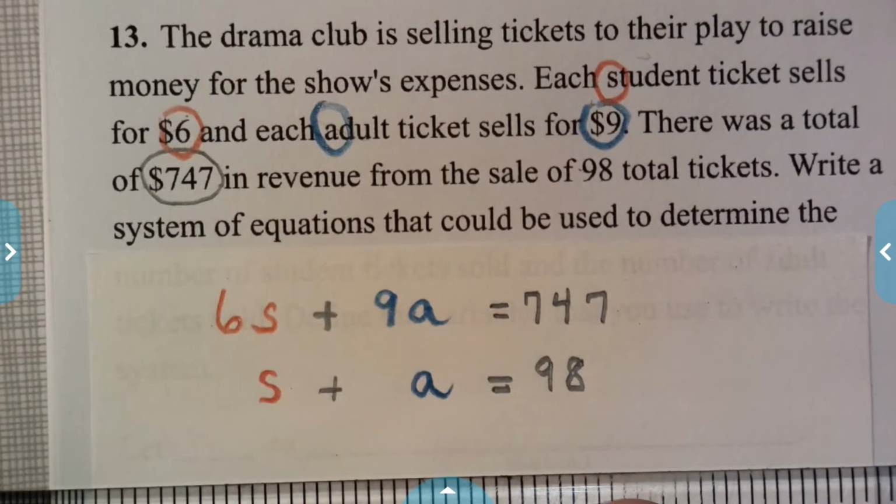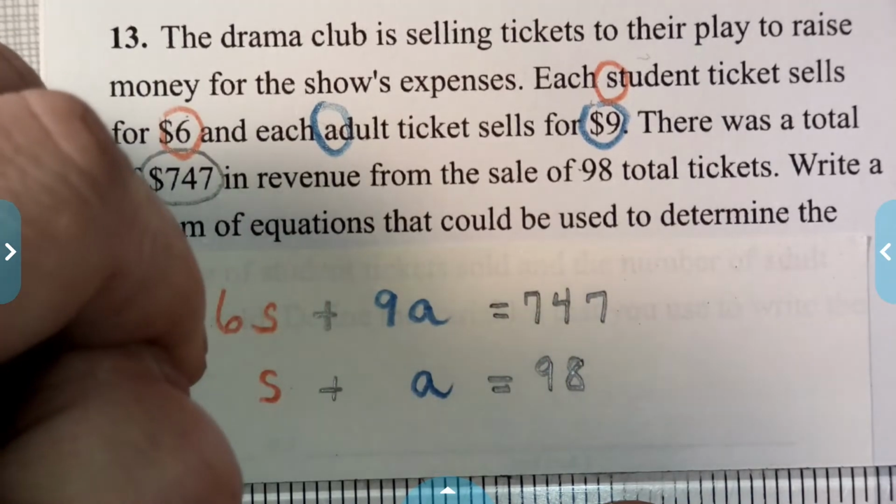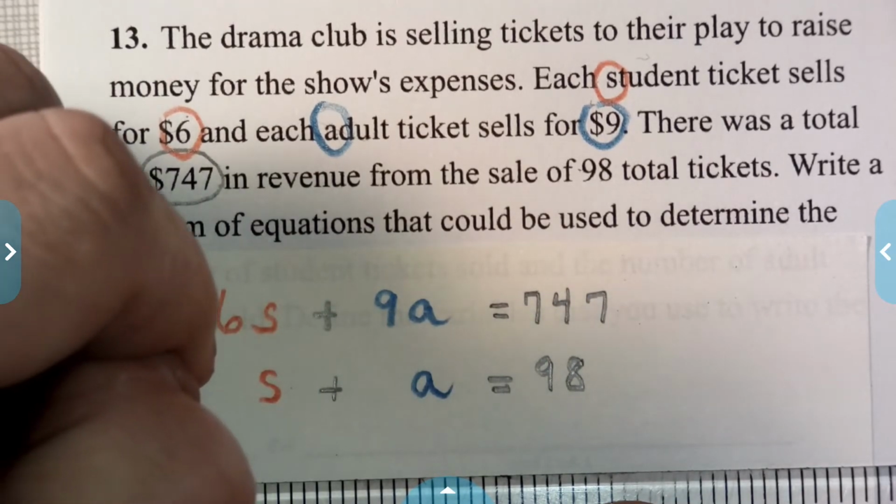So once again, let's eliminate the A, since we've been eliminating the S, or the left one. So we'll multiply everything by -9.